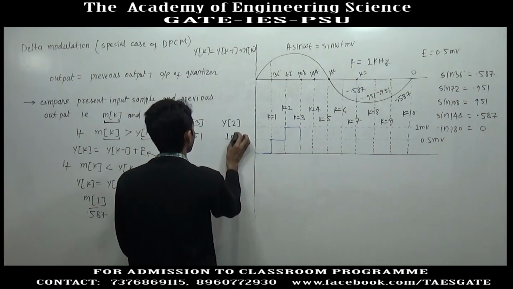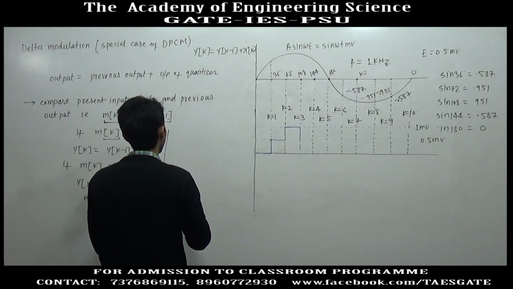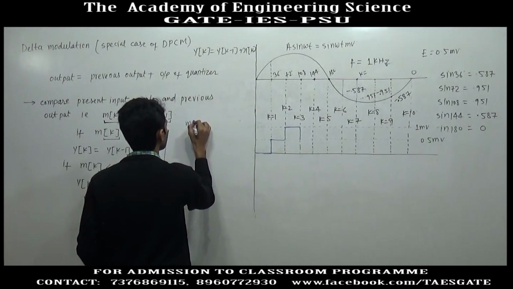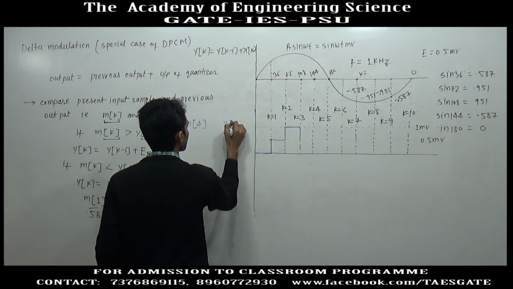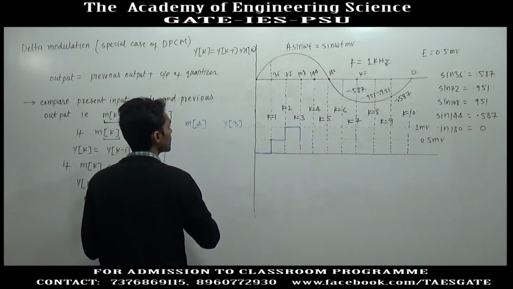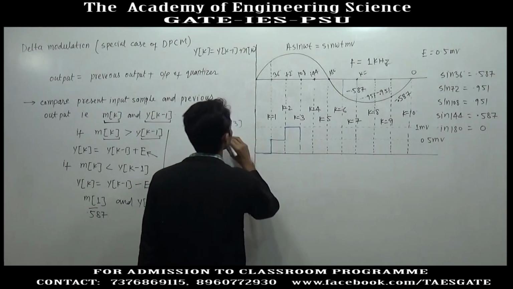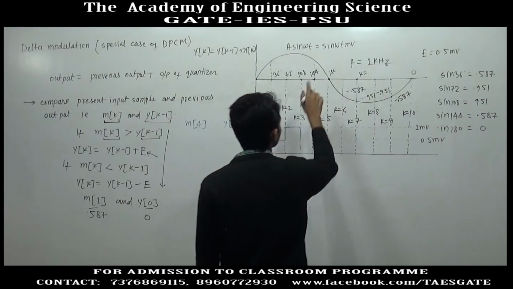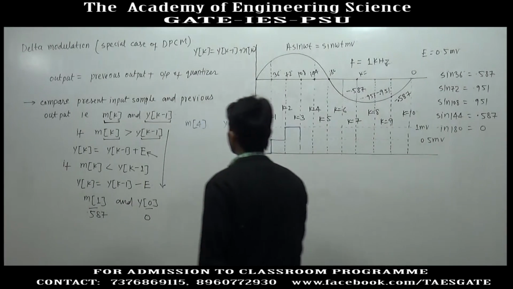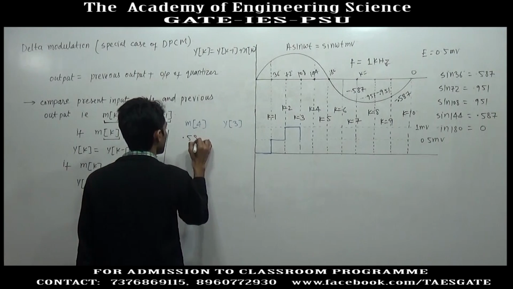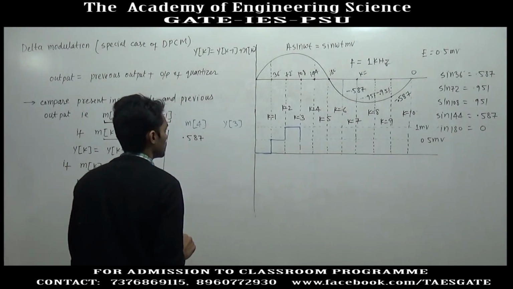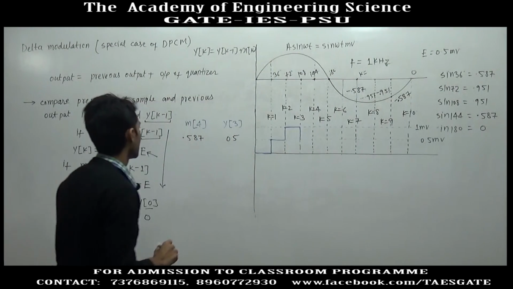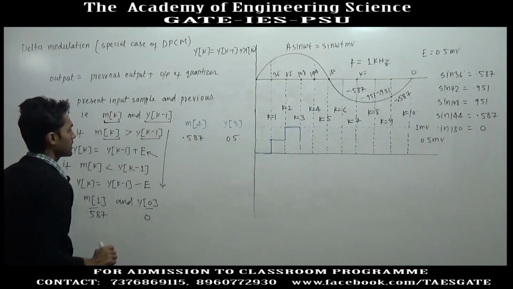To obtain output at k equal to 4, we will compare M4 and Y3. M4 is the input sequence at k equal to 4, which is 0.587, and Y3 is equal to 0.5. So now Mk is greater than Yk minus 1.